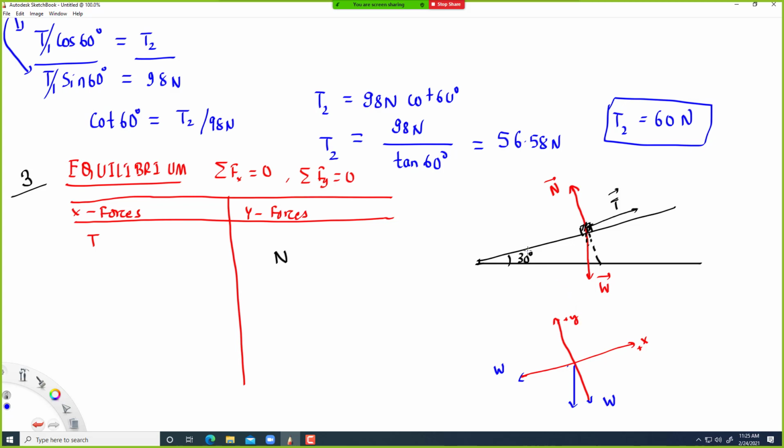Using some trigonometry, you can show that this angle and this angle are equal. This would also be 30 degrees. I will show this in the lab today or tomorrow, how this angle is 30 degrees. But for now, I'll just point out that this angle and this angle would be equal. So this would be 30 degrees.